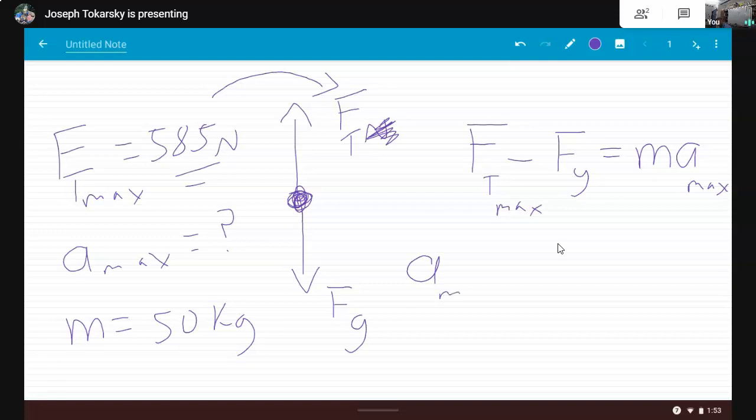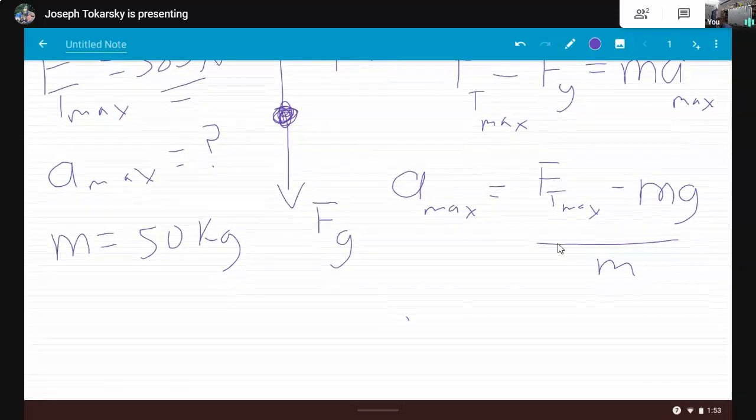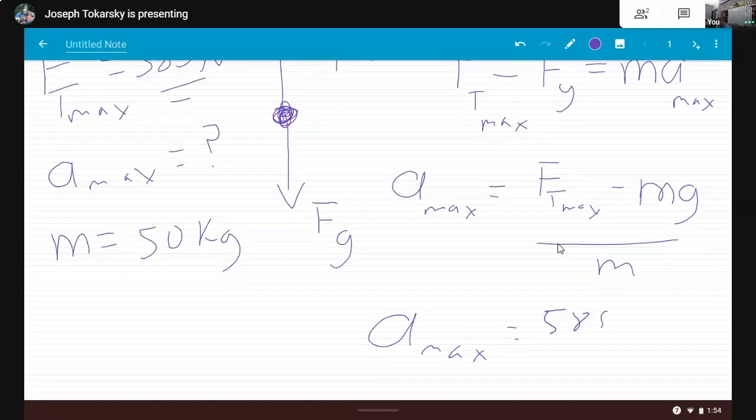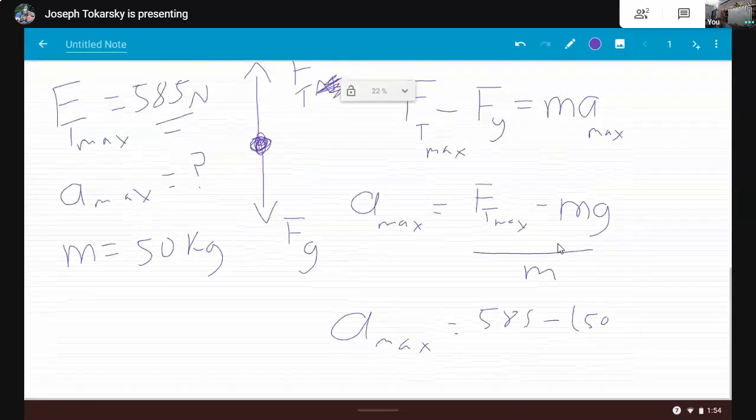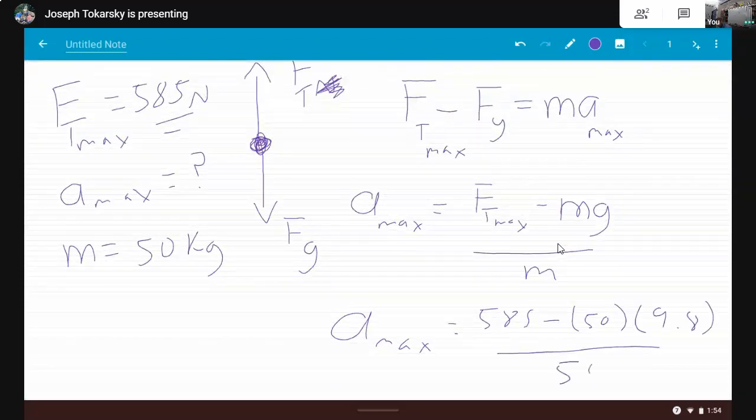So a max will equal the max tension minus the weight. The weight is mg, so I'm going to plug that in right away and make that substitution. And then I just solve. So that would be 585 minus 50 times 9.8, divided by 50 again.